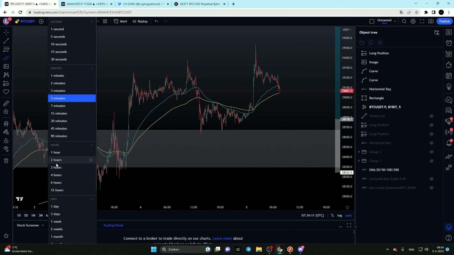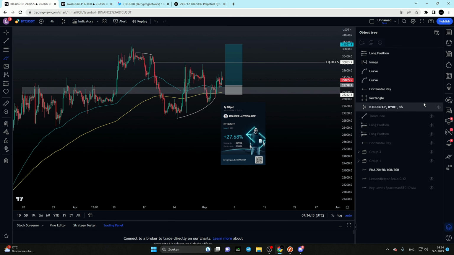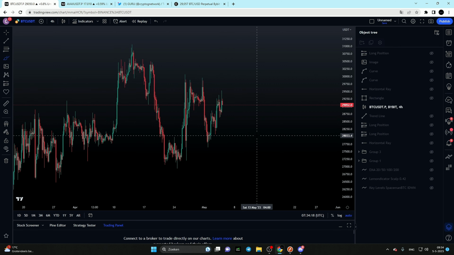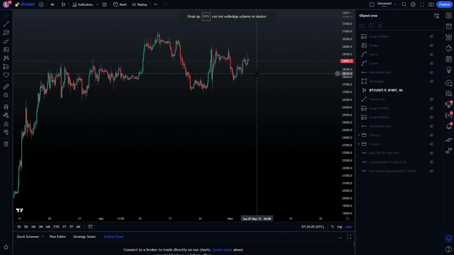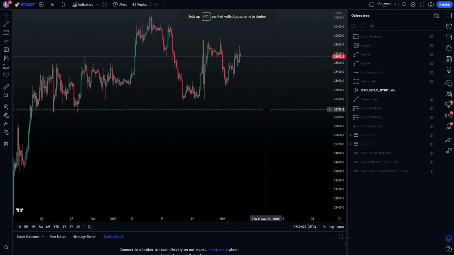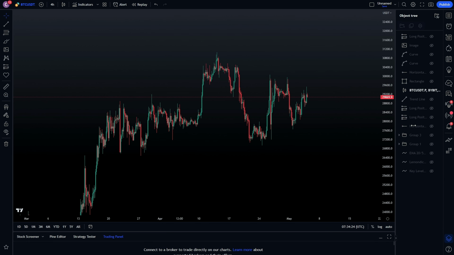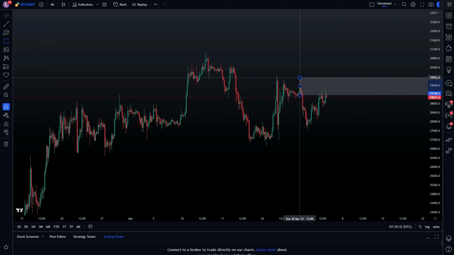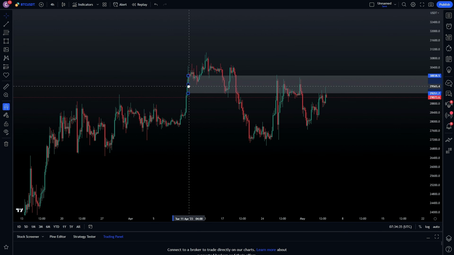Yes, Bitcoin is near strong resistance. If we go back to the Bitcoin price, let's remove the other drawings from the chart for a little bit and get a clean chart going. We can see that Bitcoin is currently retesting a critical supply area over here. As we can see, critical supply is coming into the market here, so it is a very big supply area for the Bitcoin price.